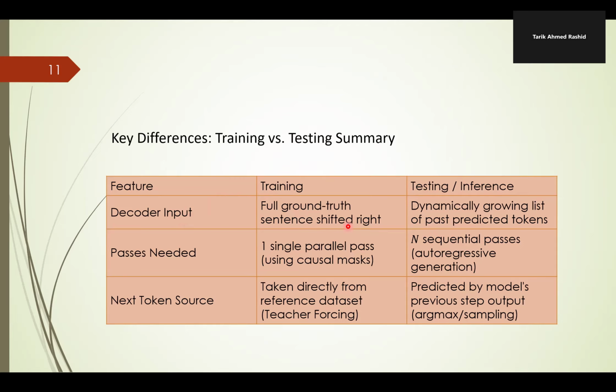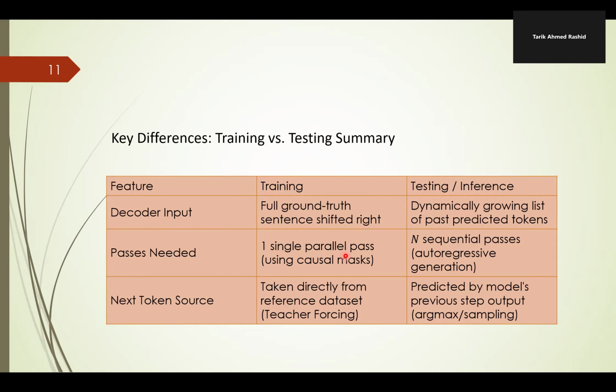That means the start token, ANA, Ahab will be shifted in the training. Then in the testing, the input list will grow. In each step, the predicted output token will be added to the previous input, and then it will be a new input to the system.